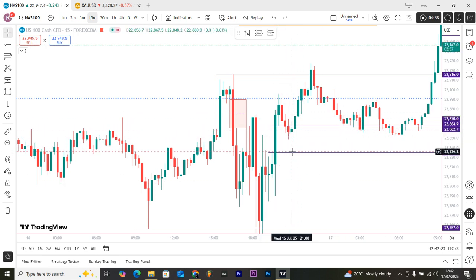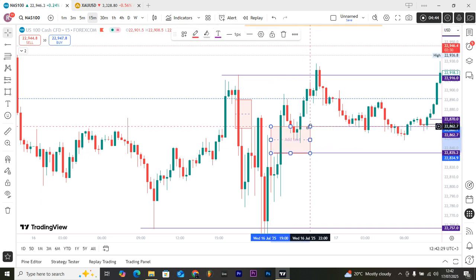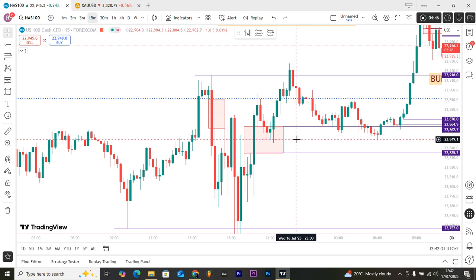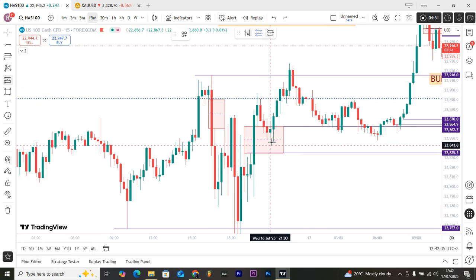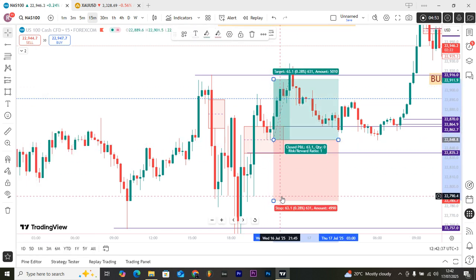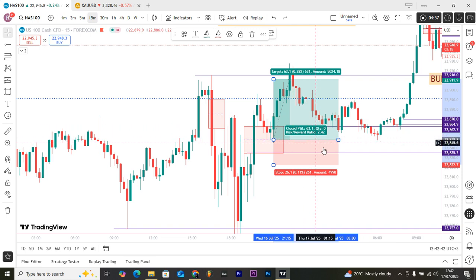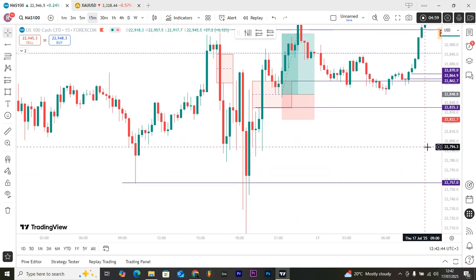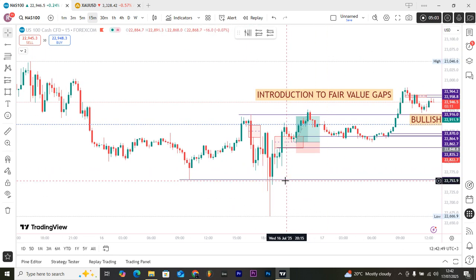And you see, for example, this one was not really filled, and there's a reason why it was not filled, and that's why ICT often tells you guys to enter at the consequent encroachment. So if you had entered here, for example, these are longs. Now with understanding that this is a bullish market, given that we have taken the sell side liquidity over here, and price gapped up there.